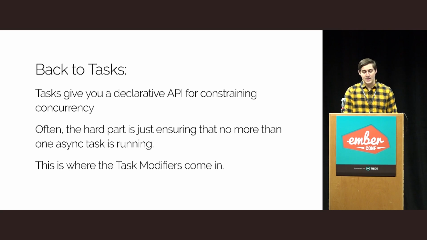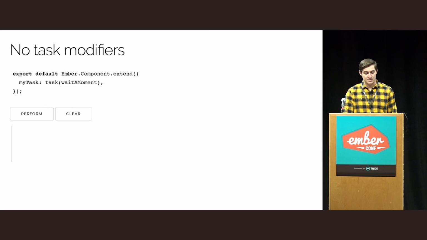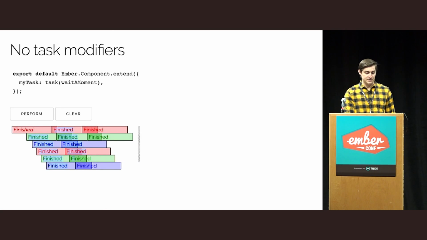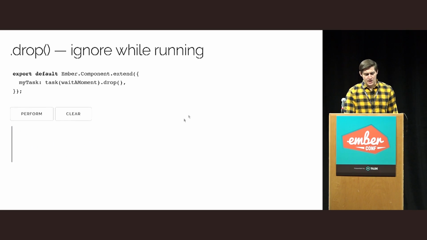So this is where the so-called task modifier API comes in. If you just run an Ember Concurrency task, Ember Concurrency isn't going to prevent these from overlapping in any way. That's the default. There are no concurrency constraints. If you want to constrain concurrency, make sure that one thing is running, there are a few ways that you can do that. One is to use .drop.